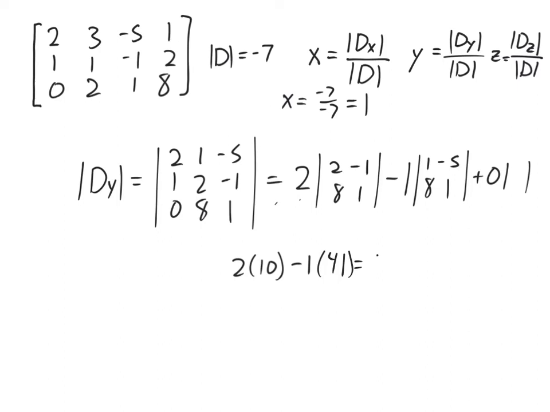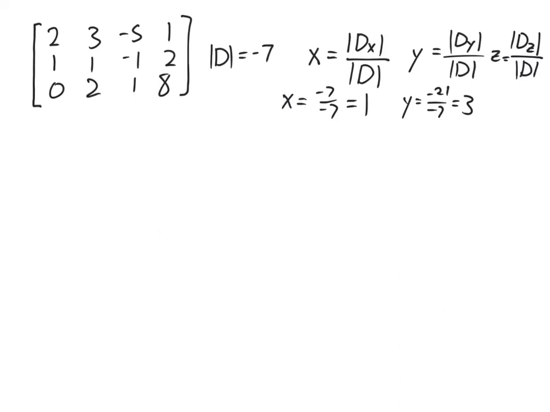Which then equals 20 minus 41. 20 minus 40 is negative 20, and then I need to subtract one more, so that's negative 21. And so d sub y is negative 21. So if I look back up here, y is going to be negative 21 divided by negative 7, which equals 3. So now I found y.